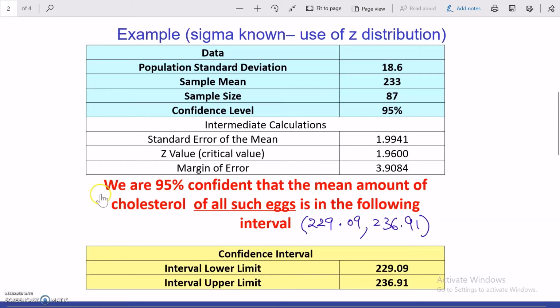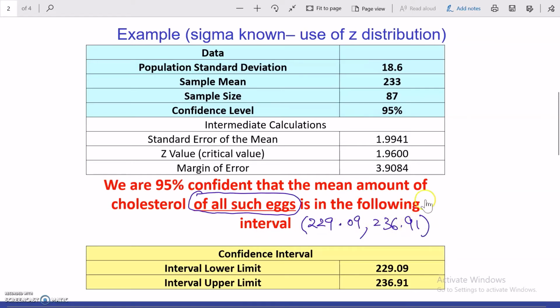So I told you this is very important that you interpret the confidence interval in a correct way. So we are going to say that we are 95% confident that the mean amount of cholesterol of all such eggs, now this "all such eggs" means we are giving a statement about the population, is in this interval 229.09 and 236.91.